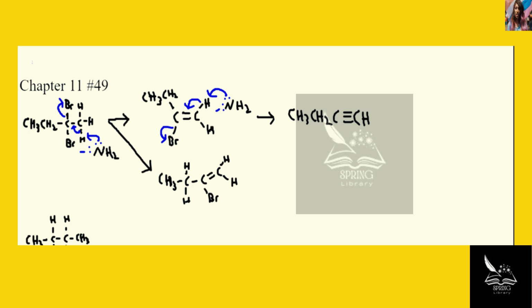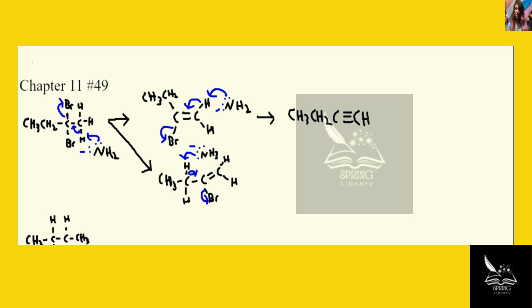But the sodium amide could also take a hydrogen from a different carbon. So if instead, and this is why I drew this one twice, but drew it a little differently each time, if instead this proton is taken, those electrons go there to form a new double bond there. And again, this bromine leaves.